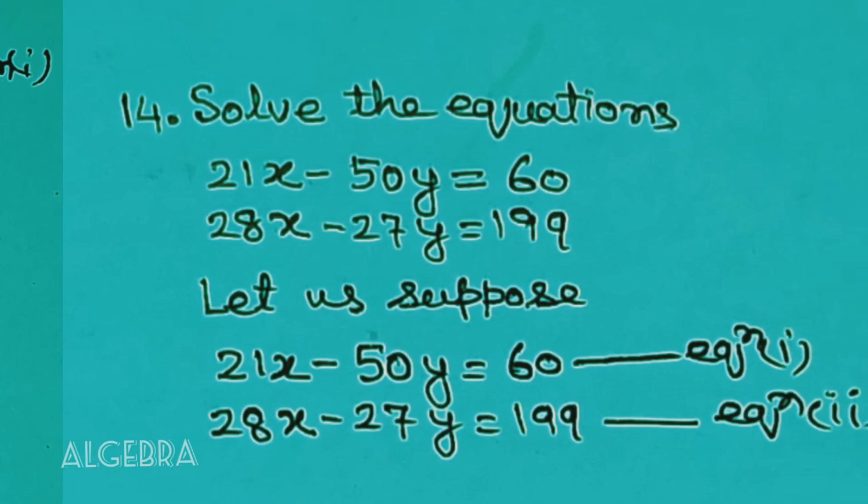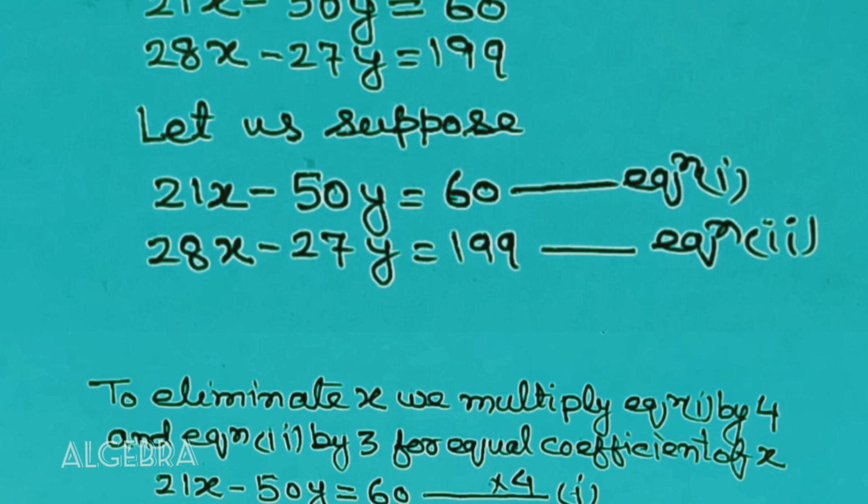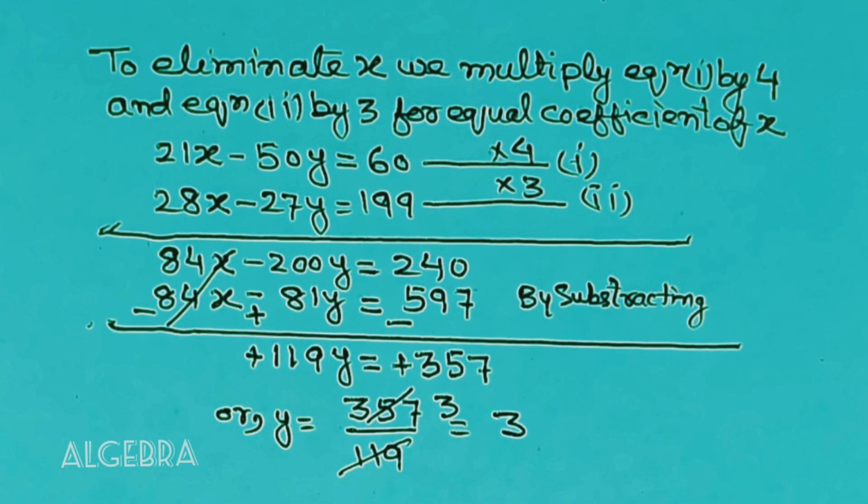14. Solve the equations. 21x - 50y = 60 and 28x - 27y = 199. Let us suppose 21x - 50y = 60 equation 1 and 28x - 27y = 199 equation 2. To eliminate x, we multiply equation 1 by 4 and equation 2 by 3 for equal coefficient of x.